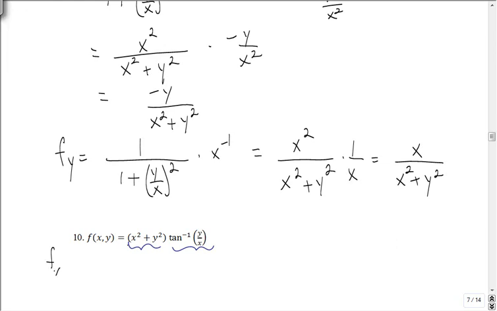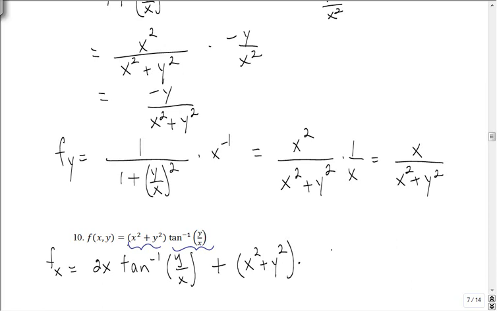So partial of f with respect to x, remember the product rule. Differentiate the first with respect to x. What is it? 2x times the second, tangent inverse of y over x, plus, leave the first alone, times the derivative of the second with respect to x. Now we just did this up there, right?